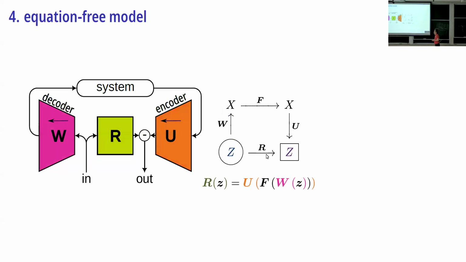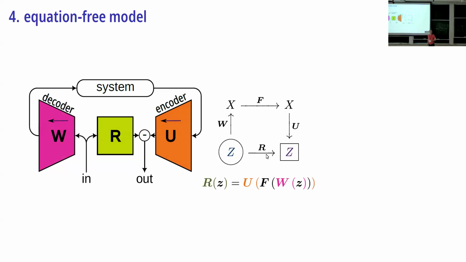The fourth one is the equation free model that Yanis came up with. And in this case, we first, for the initial conditions, we use a decoder. So that's a manifold immersion. And for the prediction, we use an encoder.